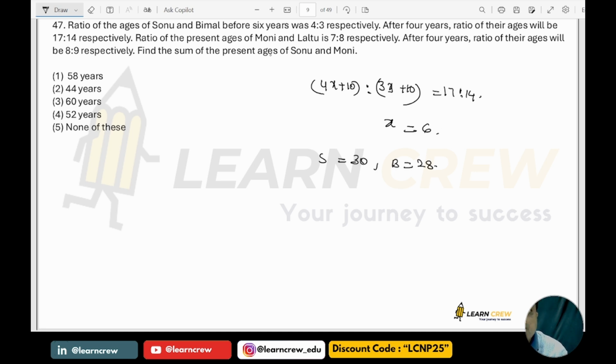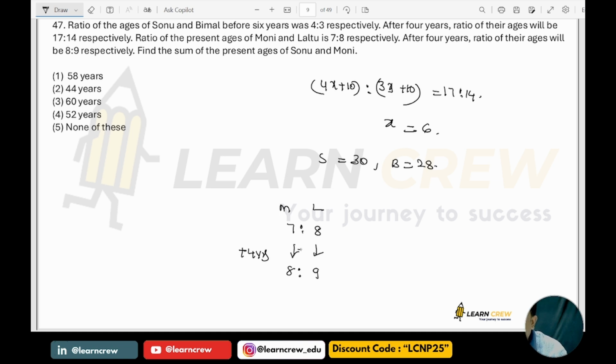Okay. Now, ratio of the present ages of Moni and Laltu is 7:8 respectively. After 4 years, their ages will be in the ratio 8:9. So, Moni and Laltu at present is 7:8. So, after 4 years, their ages will be in the ratio 8:9.